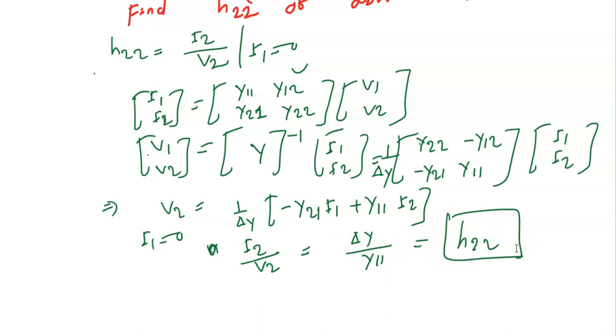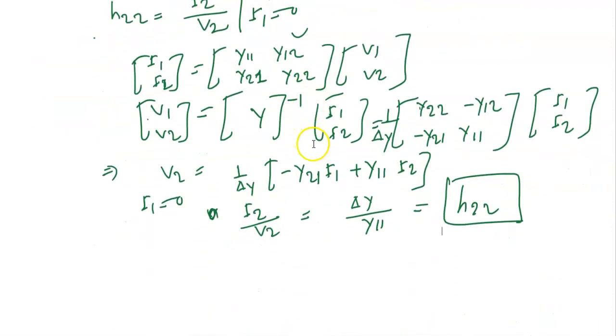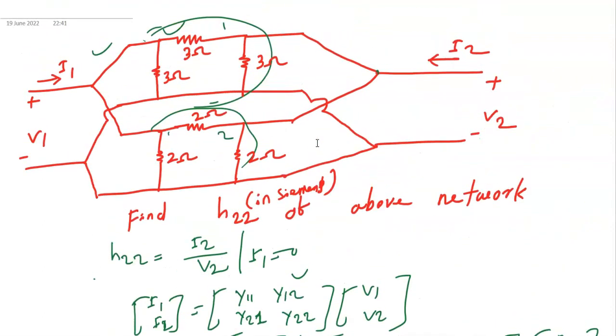Now let us move to find this, so this is the relation. So definitely we need to find the determinant of the overall y parameters of this circuit. So we need to find all the y parameters, and one thing is sure, that this type of network is both reciprocal and symmetrical.